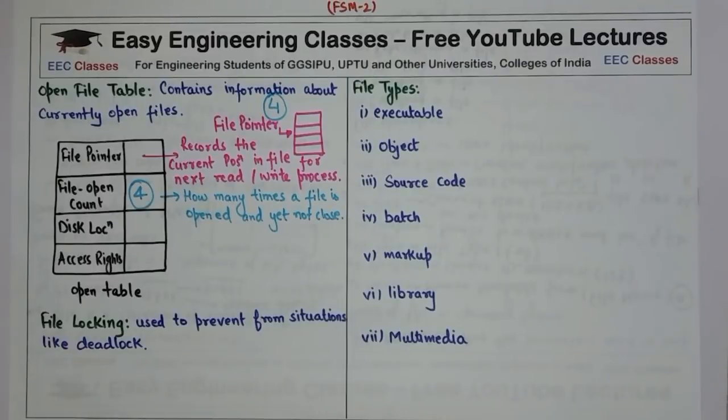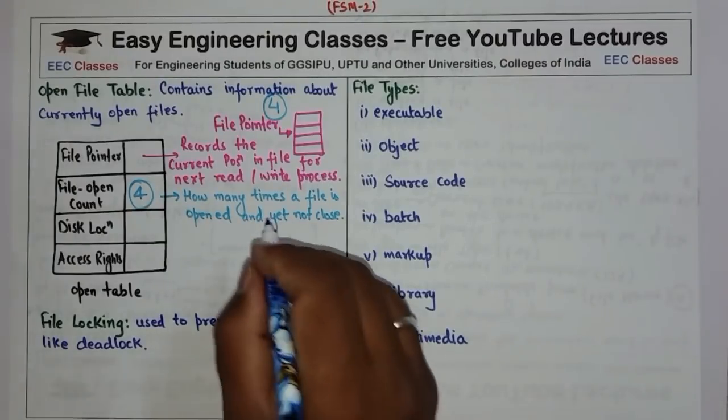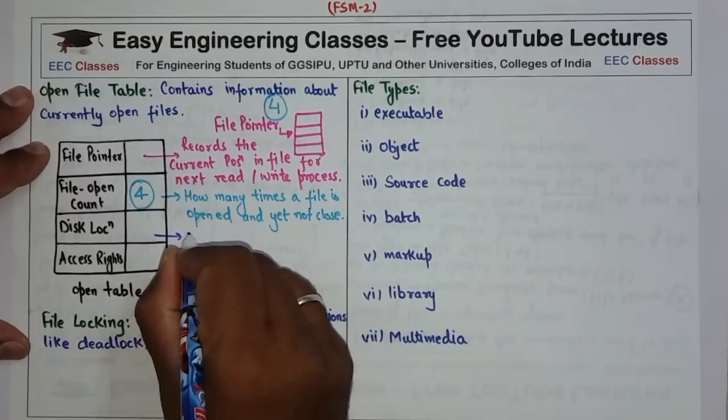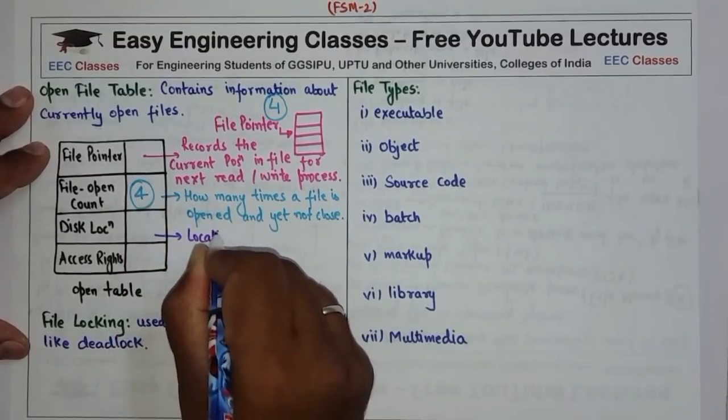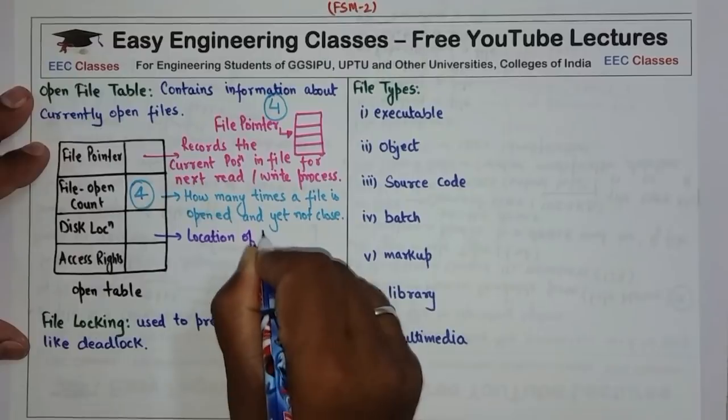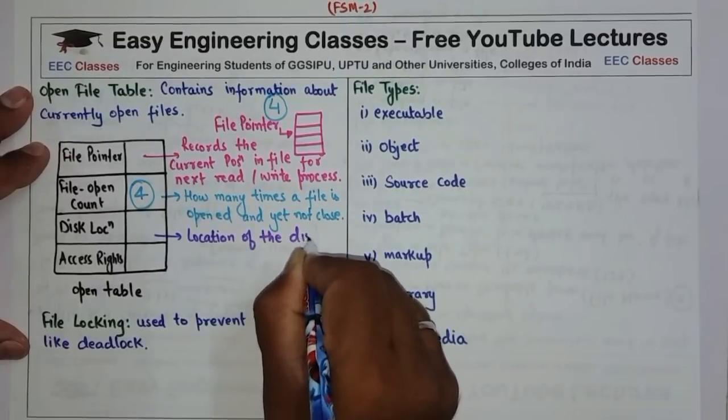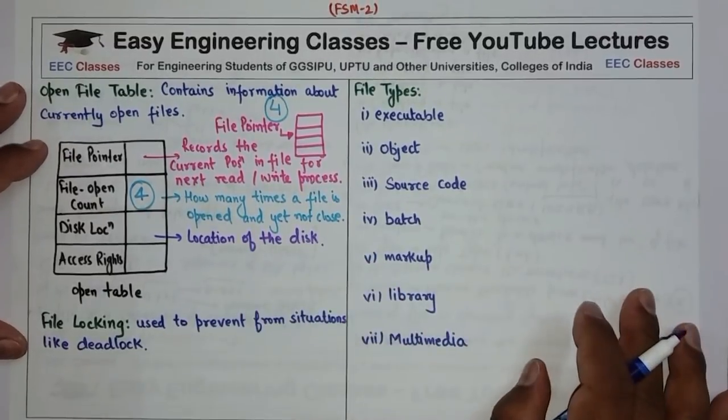Then we have the disk location. It is simple. It mentions the location on the disk at which the file is stored. Access rights is also simple.